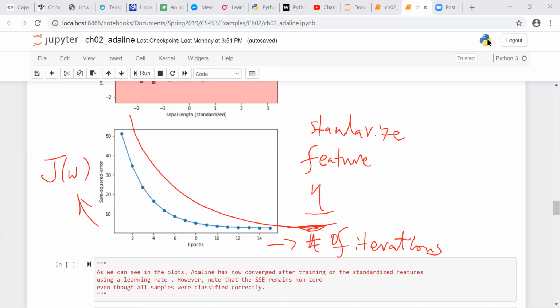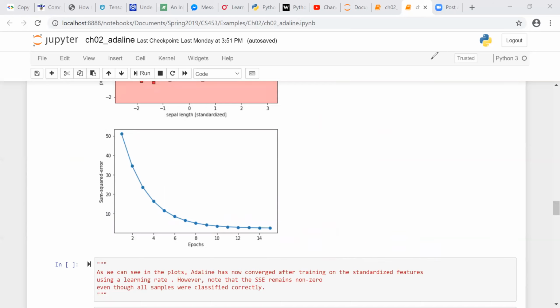So you can see in machine learning, there are a number of things we need to consider when we do the training. It's not just the learning rate, it also involves standardizing your features. Okay, that's the major information, and basically we finish this unit.